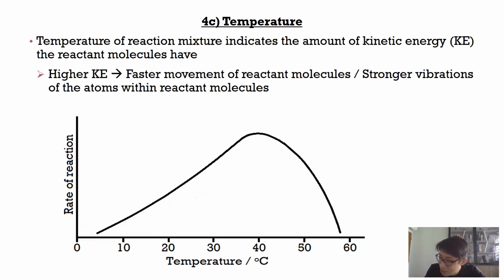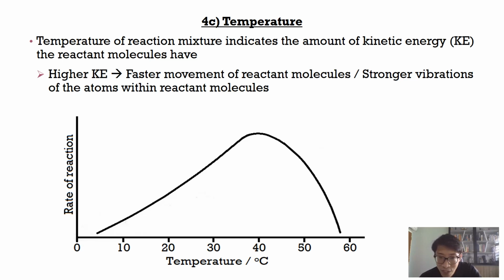When they move faster, of course they will bump into each other more, and therefore increase the number of effective collisions. However, when the kinetic energy is too high, as you have learned before in proteins, there would be strong vibration of the atoms within the enzyme or substrate molecules.